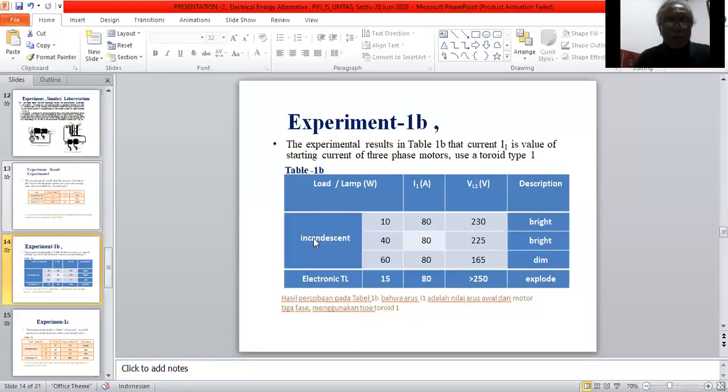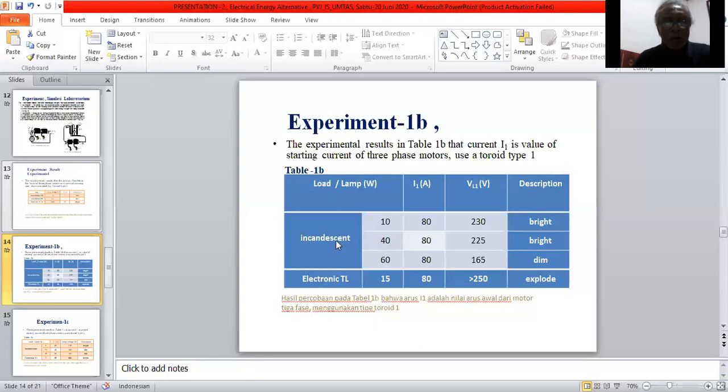And the incandescent lamp of 40 watt has a voltage of 225 volts. The state of the lamp is also bright.